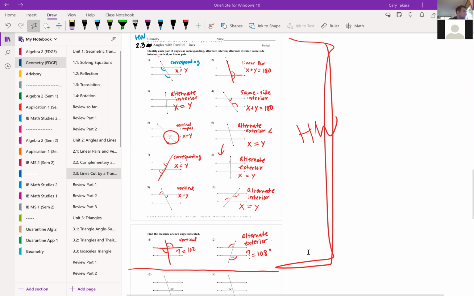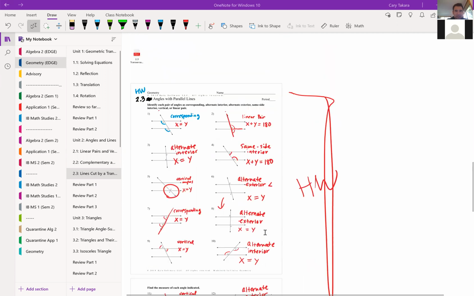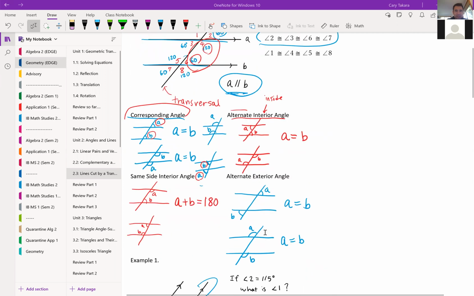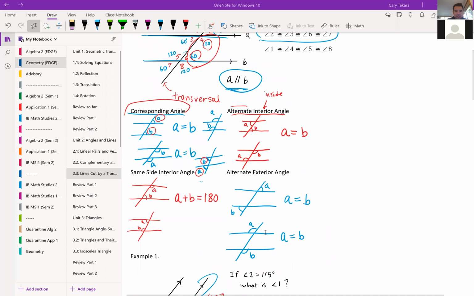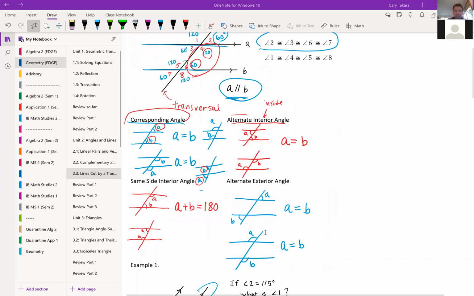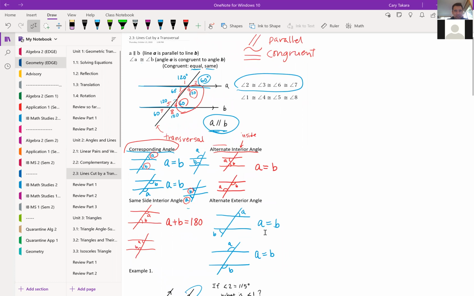Does anybody need to see any part of the notes? Well, Abigail, if you want to see the notes, here it is. Basically, this is all the notes. I don't know if you want to take a picture of that. You probably want to watch the video later on.